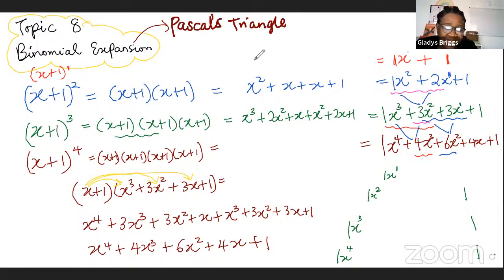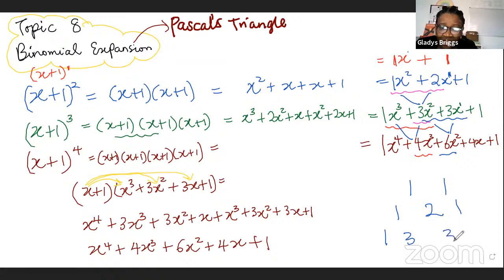Let me write them out here for you guys so that you see the pattern, okay? You've got 1 and 1. Then you've got 1, 2, and 1 at the end. Then 1, 3, 3, and 1.